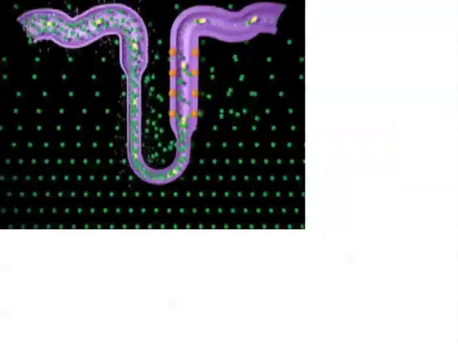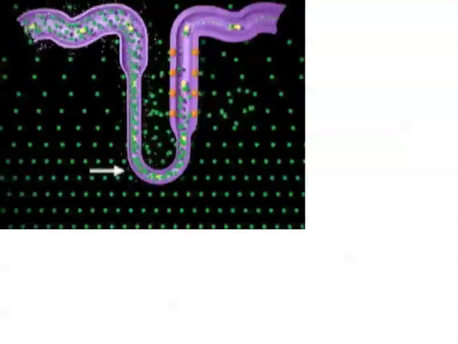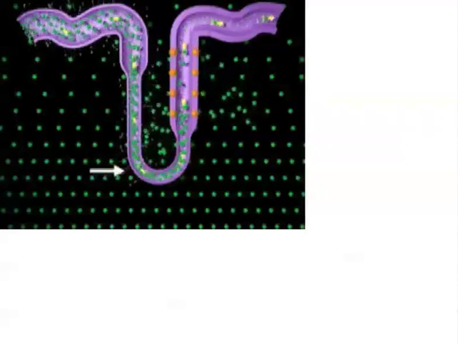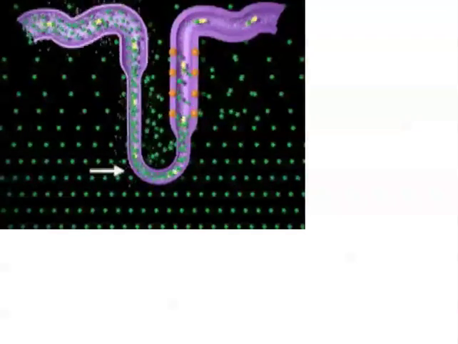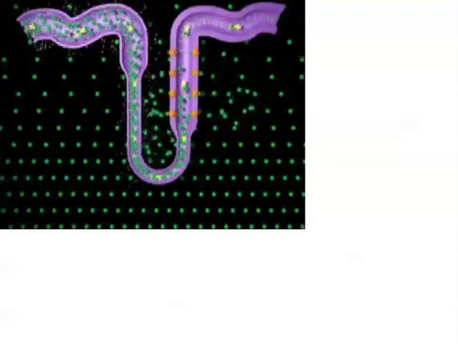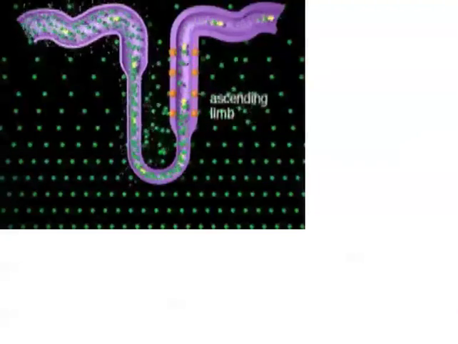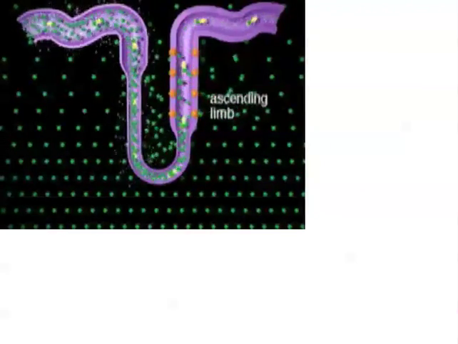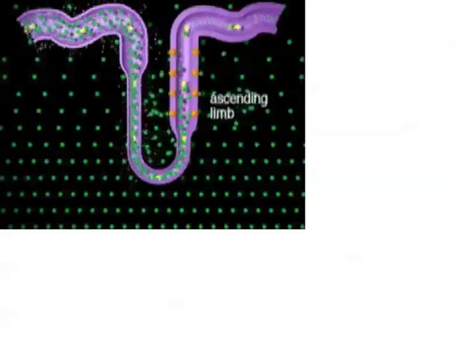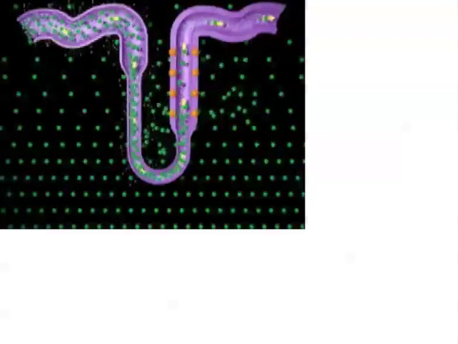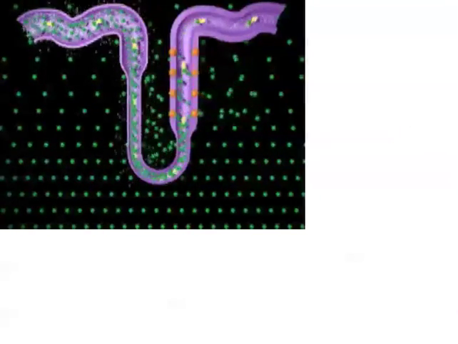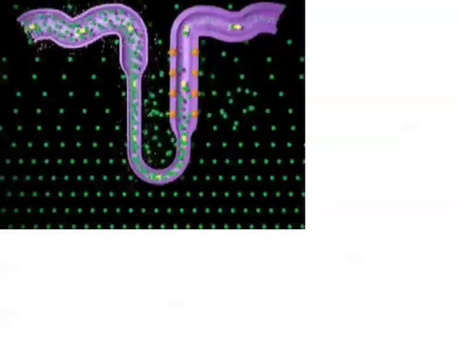The tubular fluid arriving at the turn of the loop is highly concentrated after its journey along the descending limb. Unlike the descending limb, most of the ascending limb is impermeable to both water and solutes. Water is not reabsorbed here, nor can solutes diffuse into the tubular fluid.